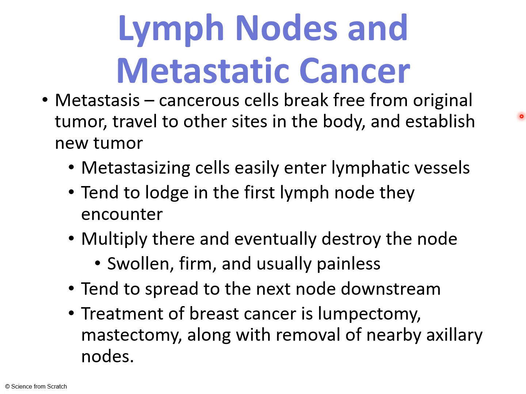Well, metastasizing cells can easily enter into these lymphatic vessels, and they tend to lodge in the first lymph node that they encounter. And then they're going to multiply there, and they'll eventually destroy that node. And this presents very similar to inflammation of the lymph nodes, except it's usually painless. And so the cancer will typically spread downstream to the next lymph node.